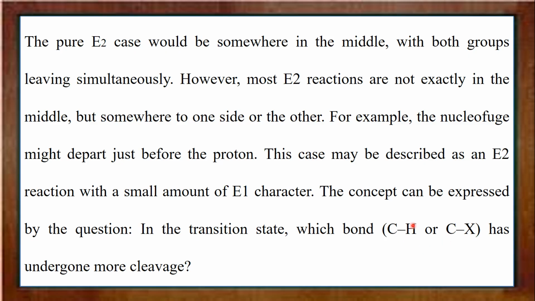If the CH bond is broken faster than CX, then that E2 reaction lies a little closer to the E1CB end. So which bond undergoes faster cleavage decides where the E2 is located in the E1, E2, E1CB spectrum.